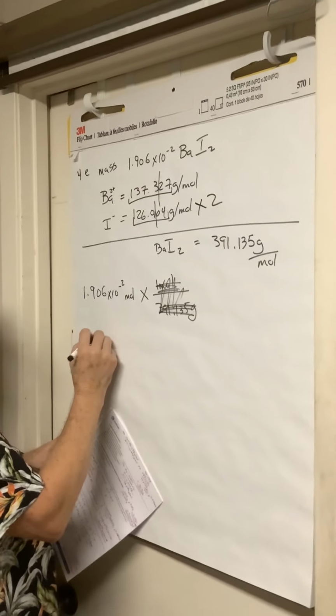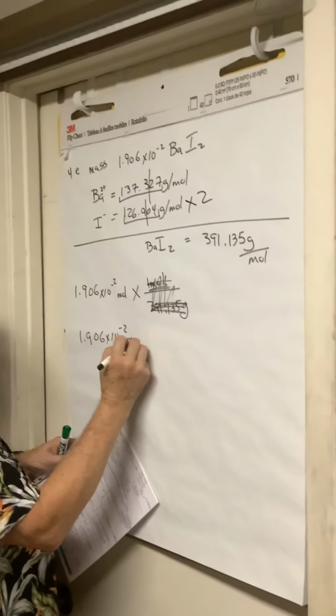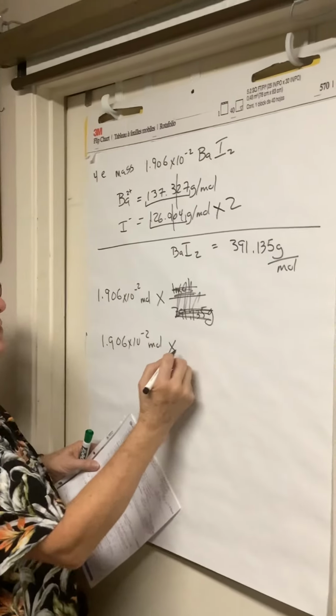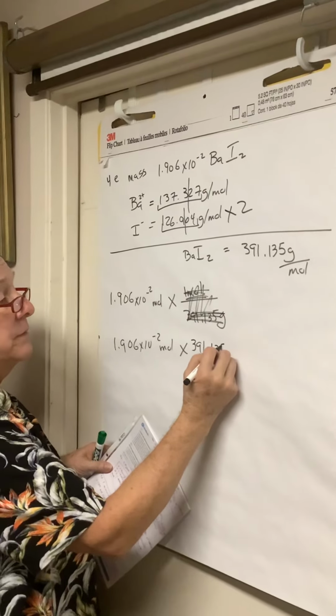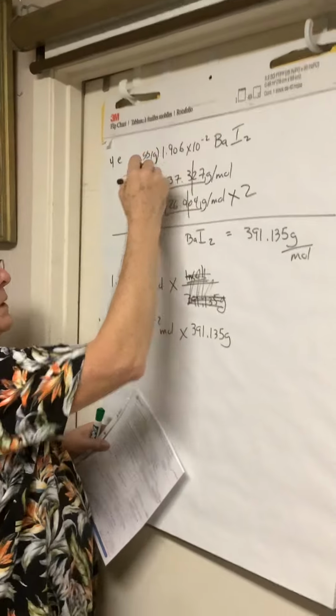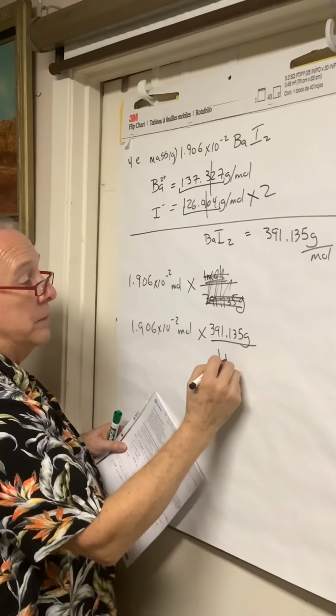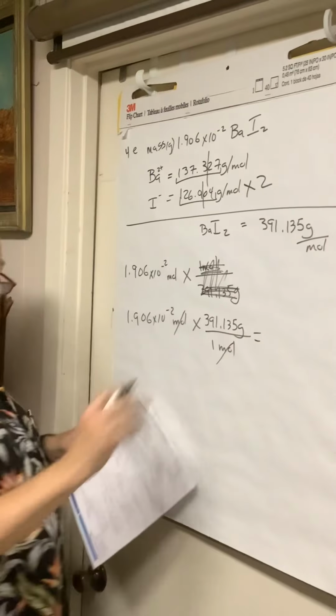So I'm going to write this over. 1.906 times 10 to the minus 2 mole times 391.135 grams, because it wants the mass in grams, per 1 mole. And now my moles cancel, and I multiply.